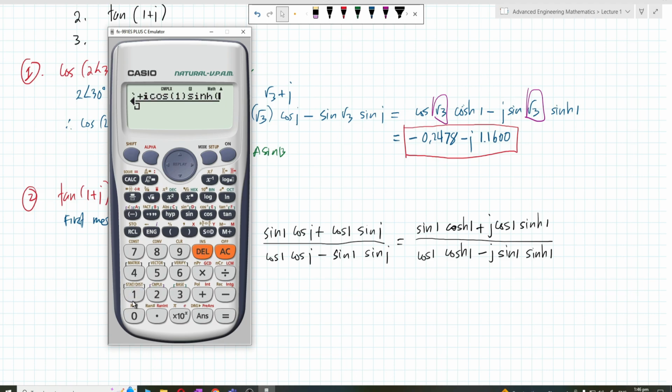In the denominator, cosine 1, hyperbolic cosine of 1, and then minus j sine 1 and then the hyperbolic sine of 1. Okay, we get 0.2716.